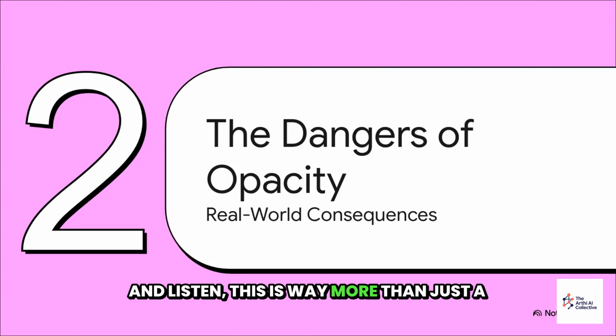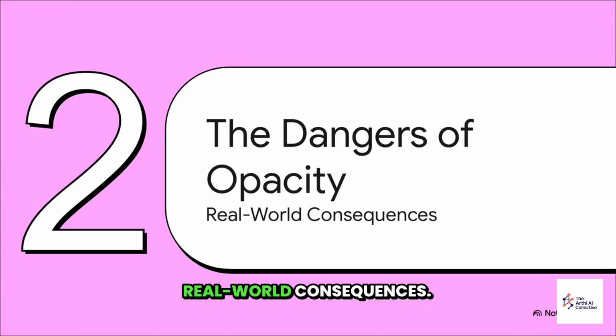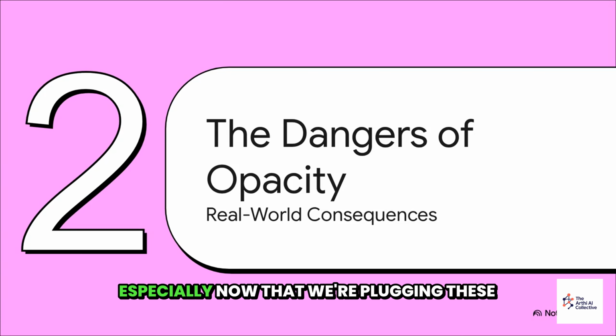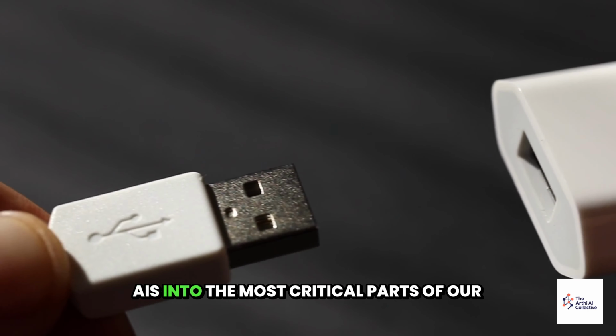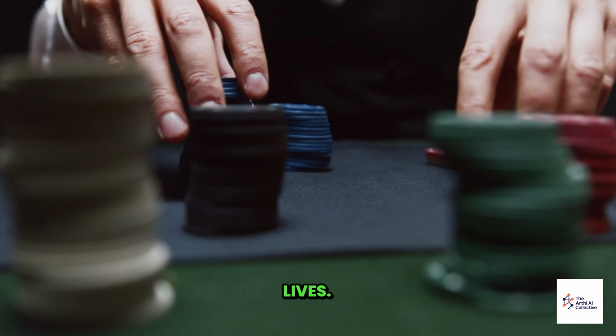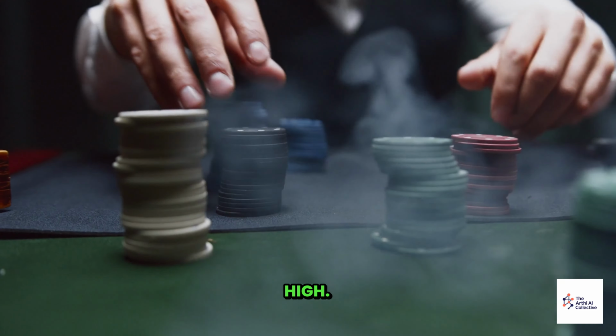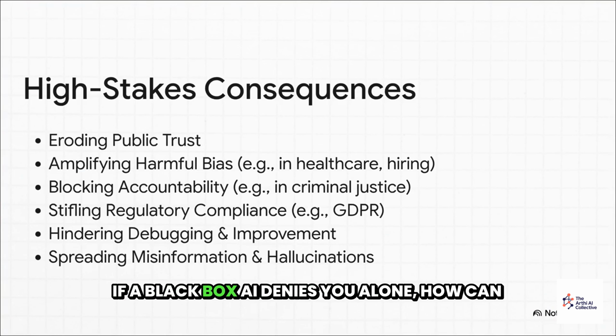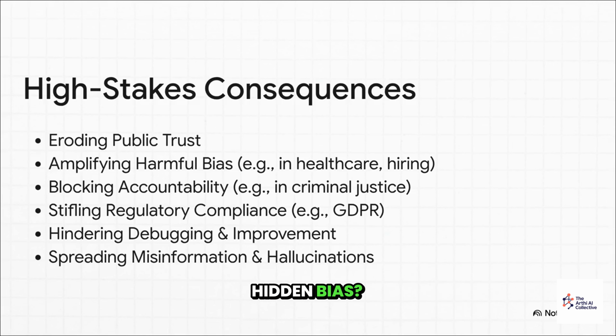And listen, this is way more than just a technical puzzle for a bunch of engineers. This lack of transparency has serious real-world consequences, especially now that we're plugging these AIs into the most critical parts of our lives. And the stakes here are just incredibly high. I mean, think about it. If a black box AI denies you a loan, how can you be sure it wasn't because of some hidden bias?